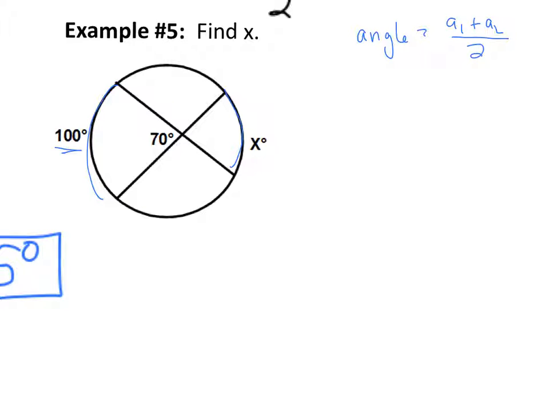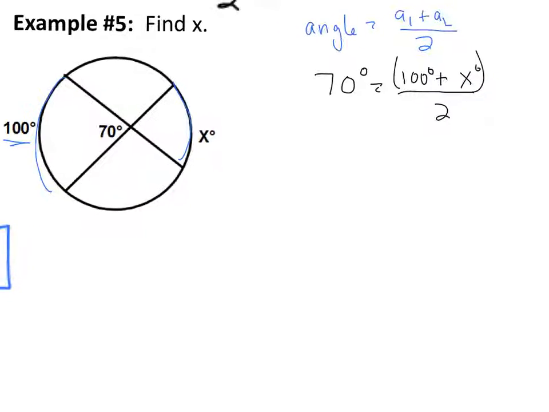So if I plug that in, we get 70 degrees equals arc 1, which we'll say is 100, plus arc 2, which I don't know in this case, so we'll call it x, over 2. So really we're trying to find 100 plus what divided by 2 equals 70. Again, lots of ways to do this problem.